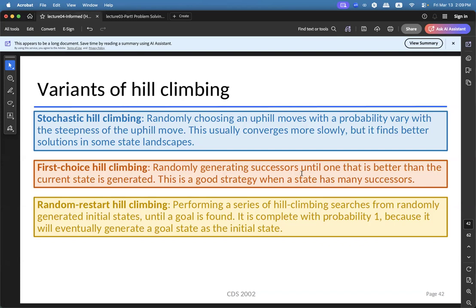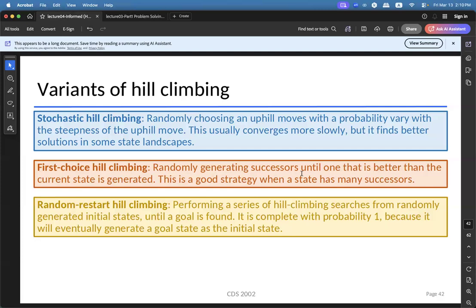One movement has a bigger gain, then maybe I assign a smaller probability to it, and another movement has a smaller gain, I assign a bigger probability to it. So each time I am randomly selecting over a bunch of actions that can make me move up. I'm not always trying to move up the steepest way.